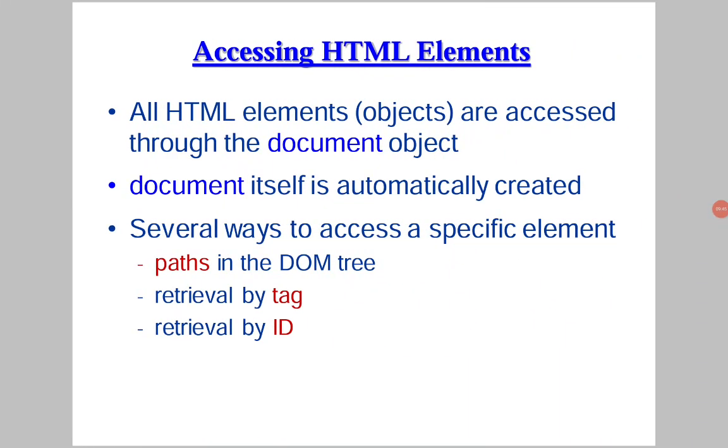Next is accessing HTML elements. So how to access HTML elements? Because DOM, the document object model, is one of the basic components of DHTML. By using DHTML, we may access each and every element of the document or web page, treated as an object, and every object has its own properties, methods, events and collections.